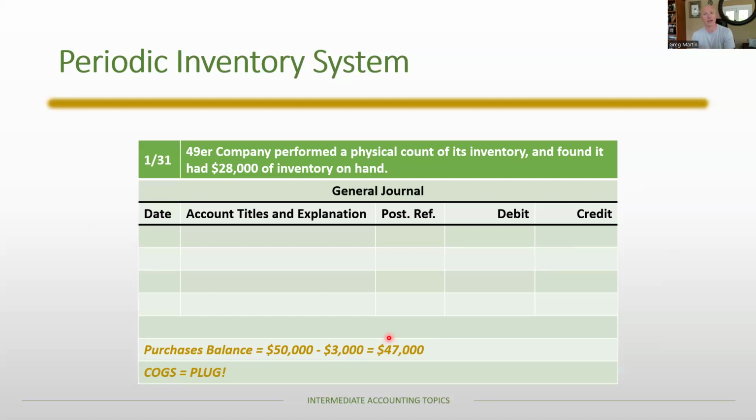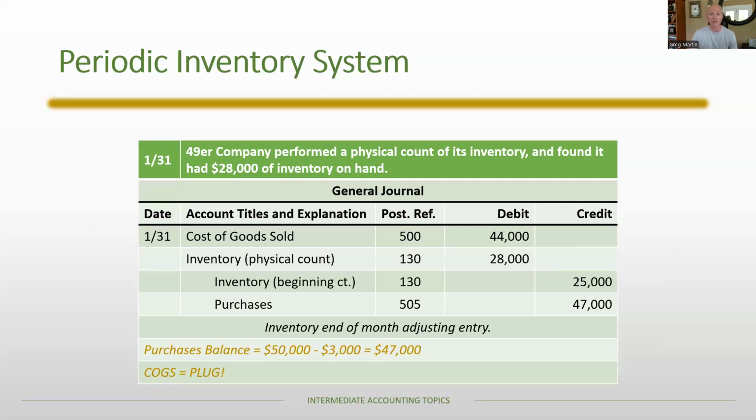The way we take an asset off the books is through a credit, and the way we bring an asset on the books is through a debit. And so that means we would credit the beginning inventory balance and we would debit the ending inventory balance. And then from there, we can infer or plug the cost of goods sold.